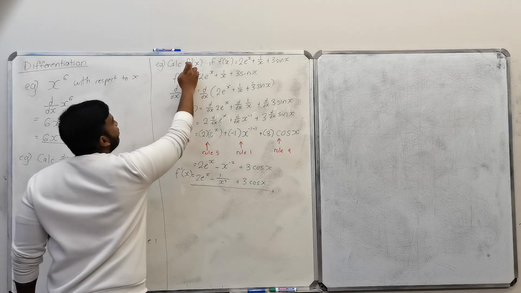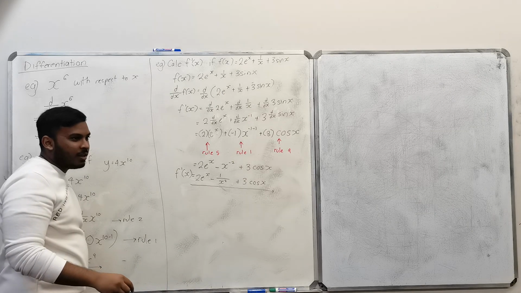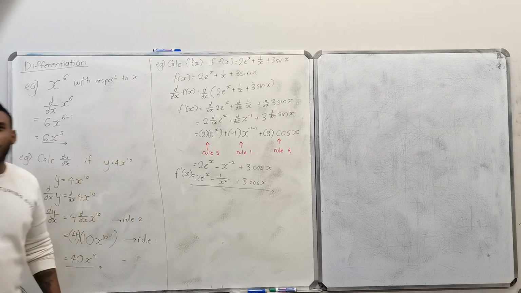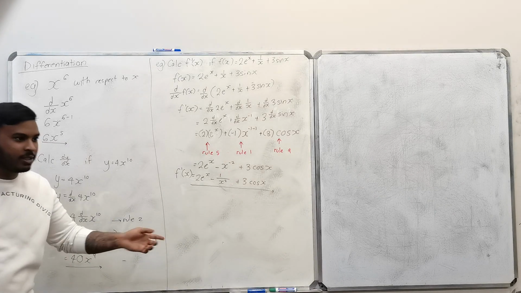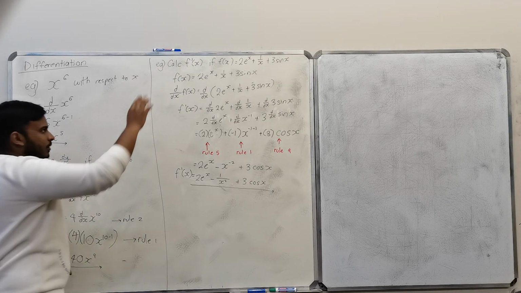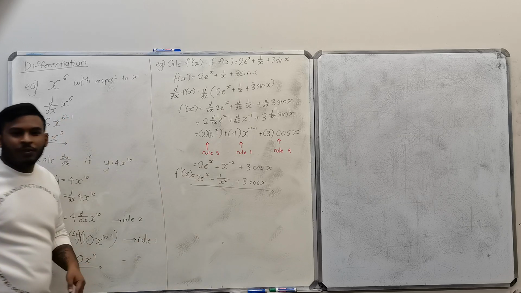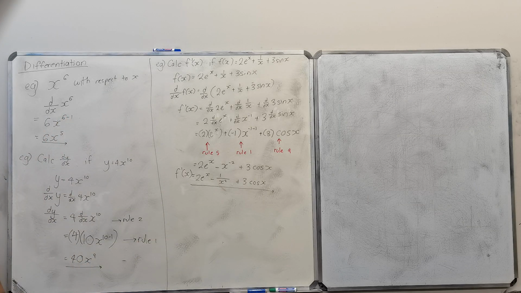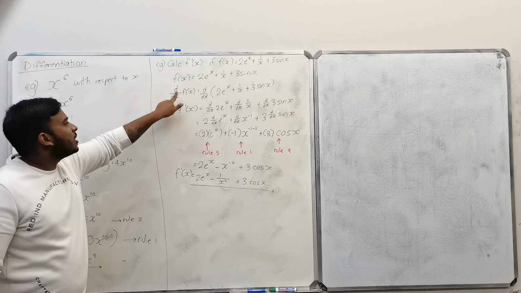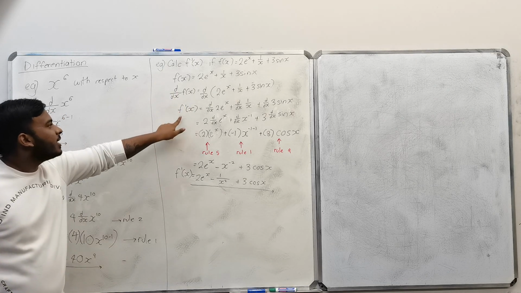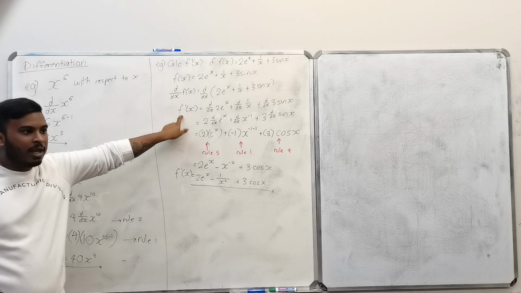If this said f prime of s with respect to s, I would have introduced d over ds on both sides. So I introduced d over dx on both sides of the equation, looking from our earlier notes: the derivative of f of x over d of x, we can also write as f prime x.